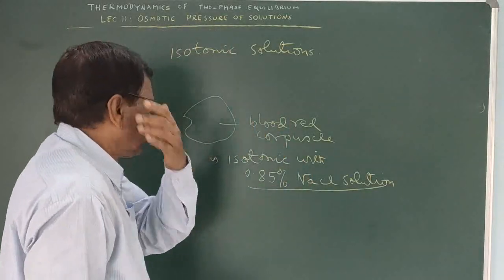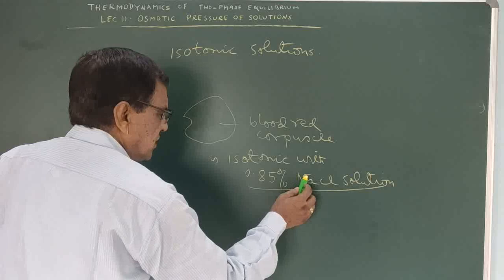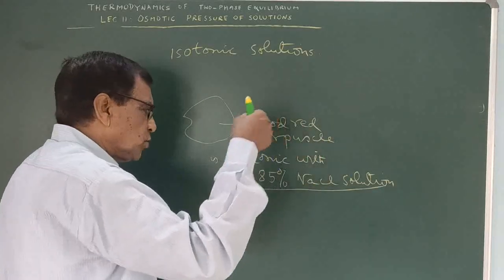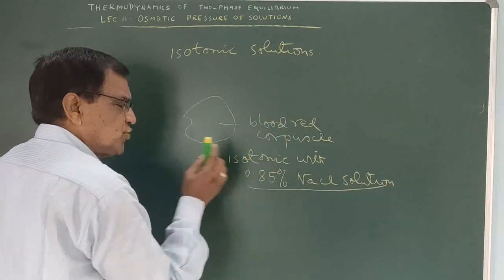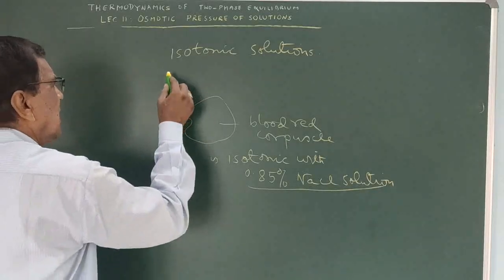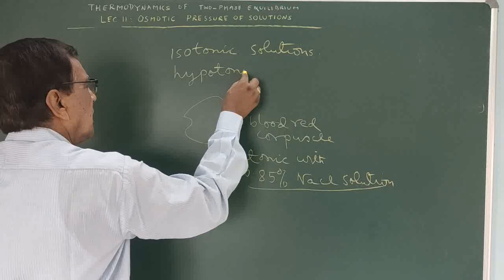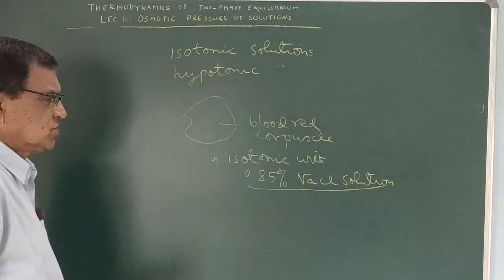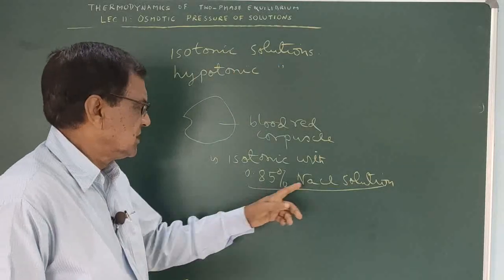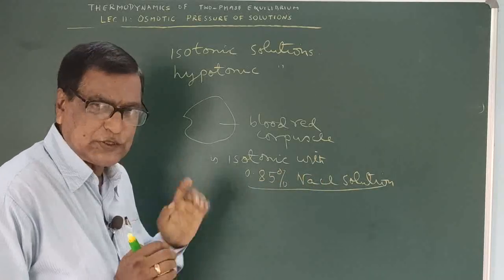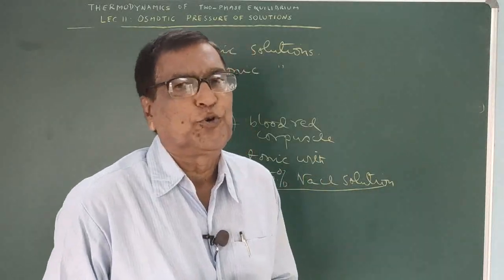But whenever the sodium chloride solution has a lower concentration than this, then it is called a hypotonic solution.